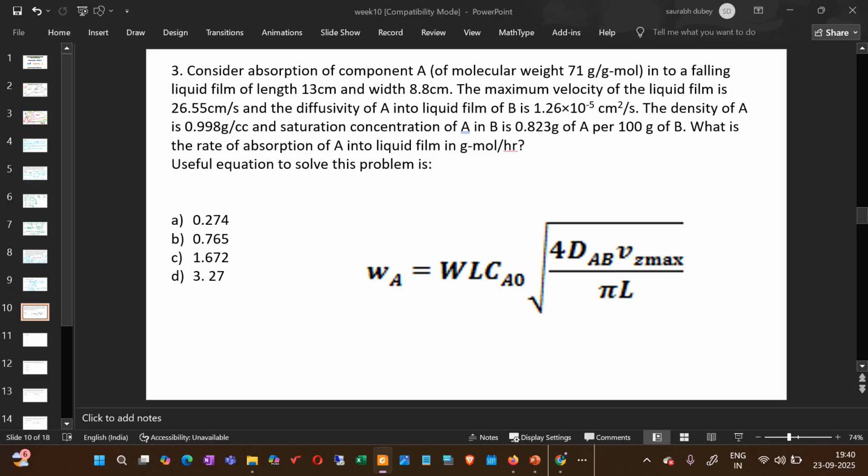So let me just take the graph. This will help you. Okay. So yes, this is that graph. So I will be just taking this looking thing.